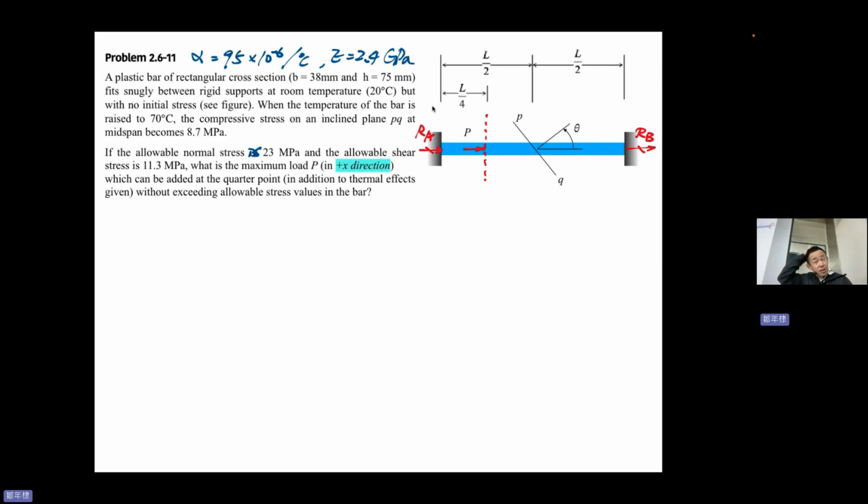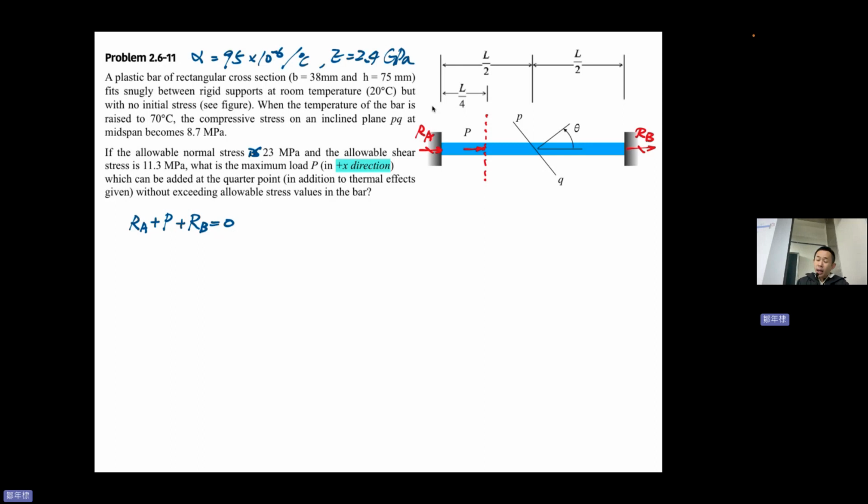And also the equilibrium equation. Let's write down the first one: RA plus P plus RB equal to 0. No problem, right? They are all to the right. So that's the equilibrium equation.